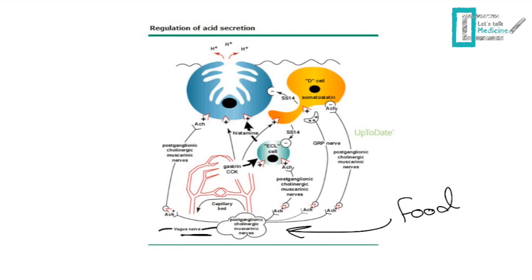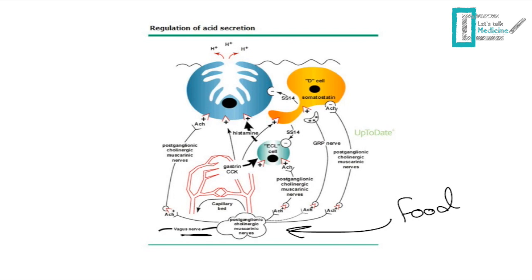Okay, and then we have stimulation of the ECL cells also by ACH. ECL cells produce histamine as we've discussed before, and histamine gives positive feedback for the parietal cells to produce more hydrochloric acid.